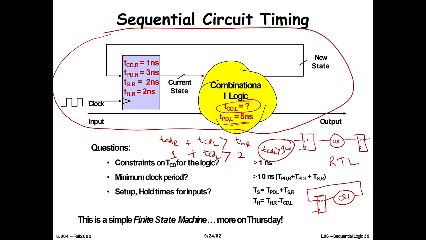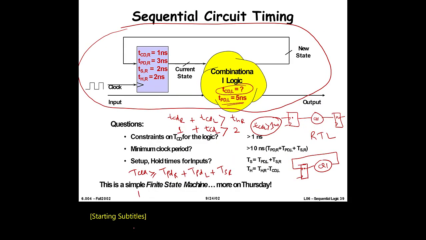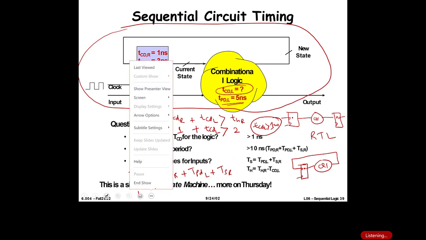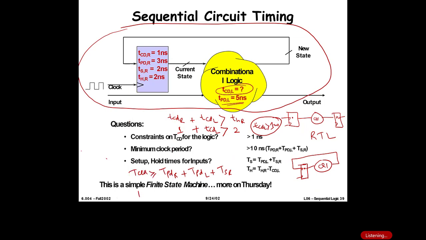Similarly, you can find the maximum frequency: T clock should be greater than or equal to TPD of R plus TPD of L plus T setup of R. So T clock is greater than or equal to, what is TPD?